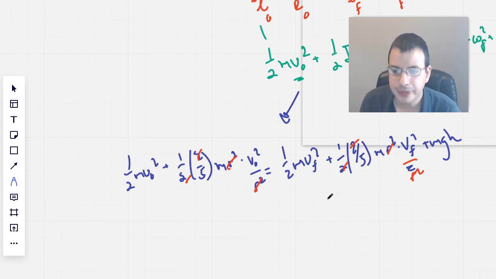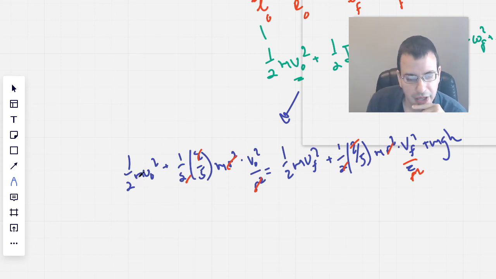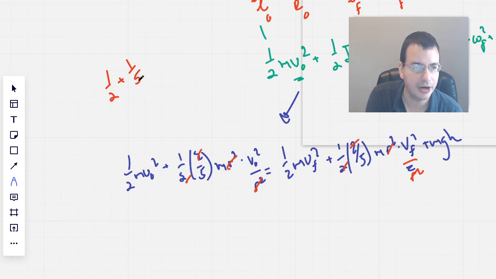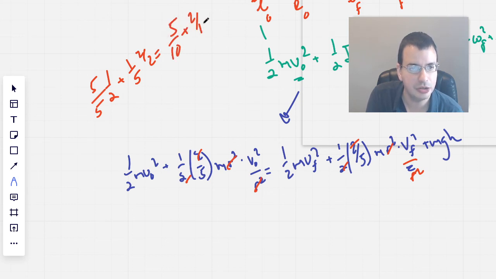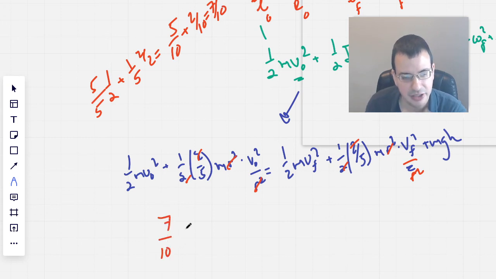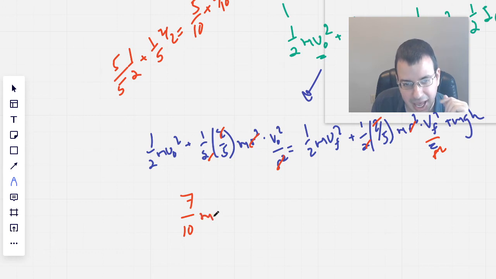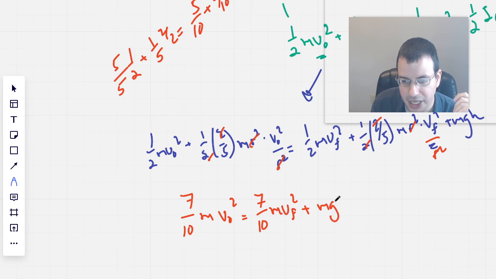So we have 1/2 plus 1/5. A little sidebar here: the common denominator will be 10, so 5 over 5 and 2 over 2. This is the same as 5/10 plus 2/10, which is 7/10. So we have 7/10 times mass times v initial squared equals 7/10 m v final squared plus mgh.